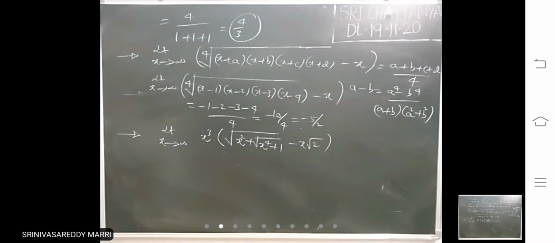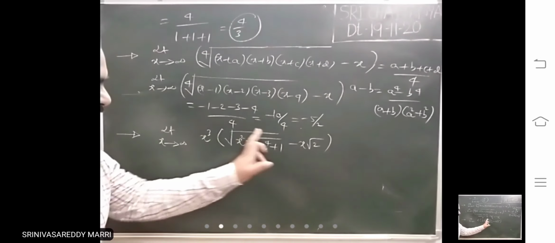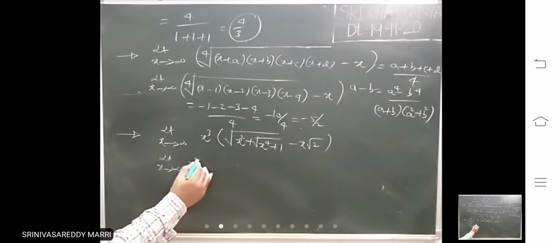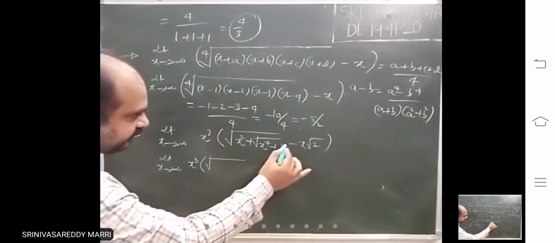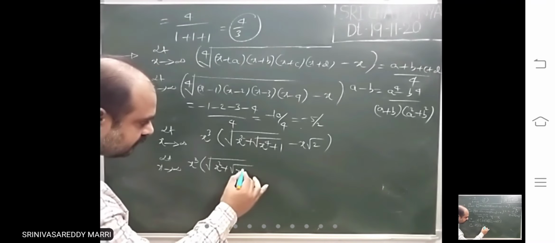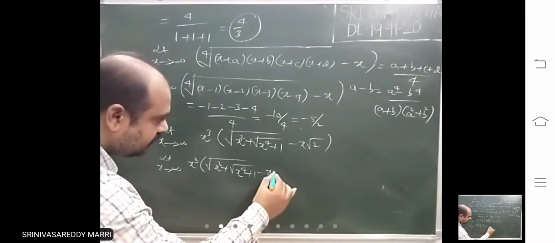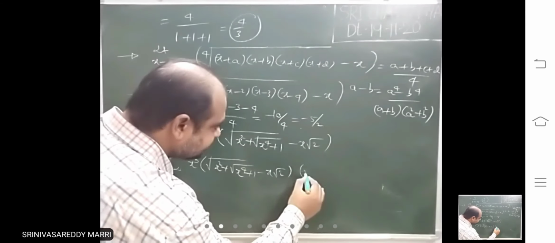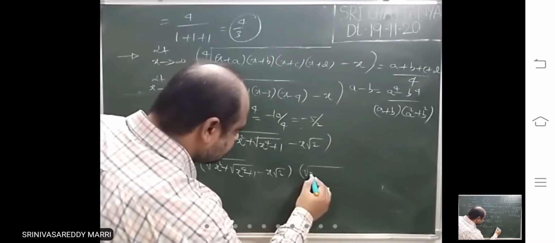Look, the problem is like this. You have to evaluate this. So now whenever a square root is there, you rationalize. Whenever a square root is there, rationalize that, with just the plus sign.